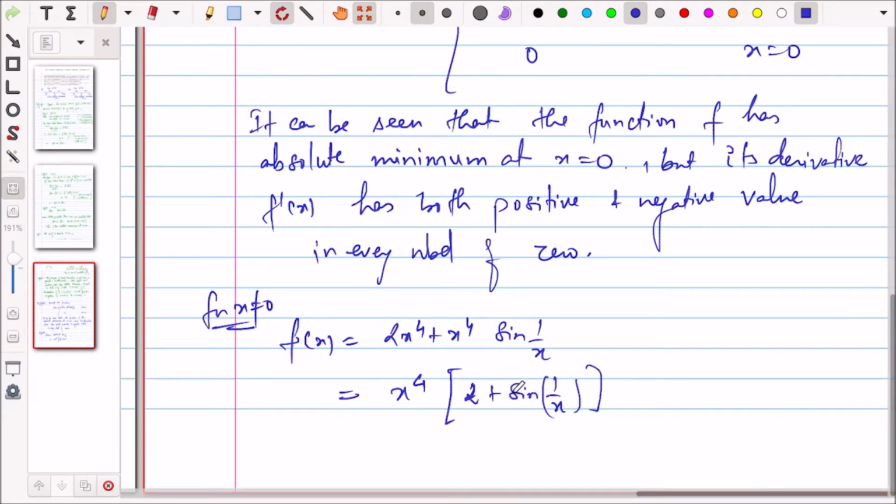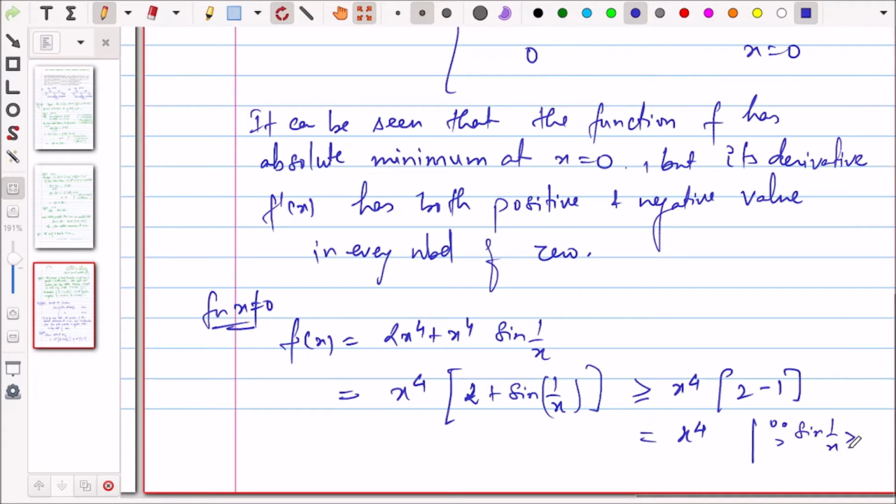Also the minimum possible value of sine is minus 1, because sine 1 by x is greater than or equal to minus 1, right?